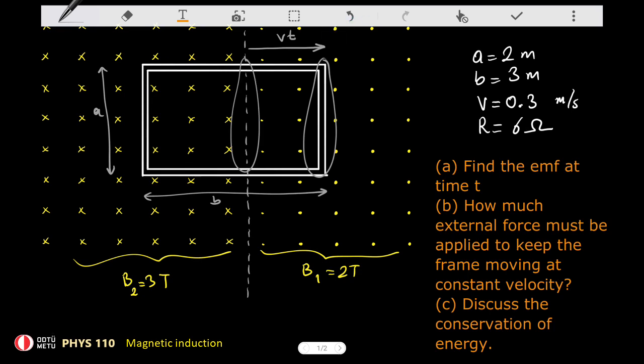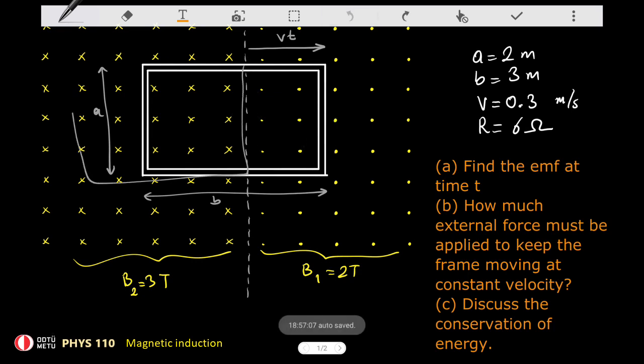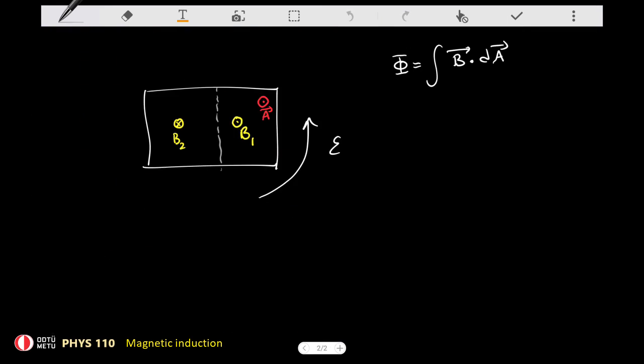So that means at time t equals 0, the edge of the frame was just at that region. So that was the position of the frame at time t equals 0. So in any case, that distance is vt. So that means this distance is b minus vt. And so therefore this distance is a.